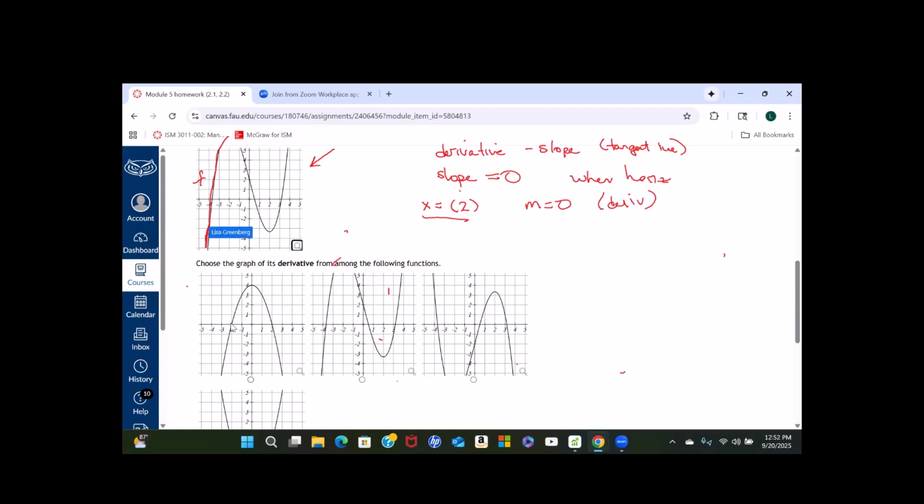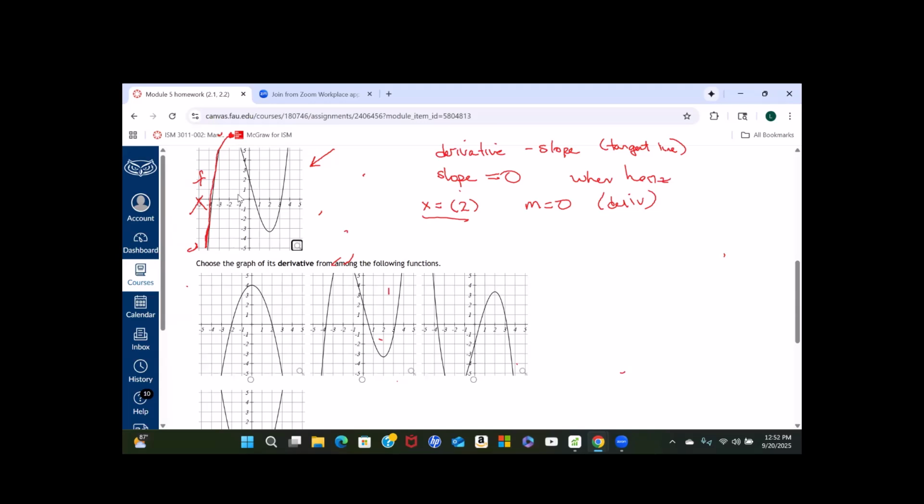I want to make sure everybody sees that this is a positive slope, no matter where it is, up until the top. And it's not a constant slope, it's positive. It's probably bigger down here than it is up here because it's getting closer and closer to 0 as it gets to the top. But that's not important, it's still positive.